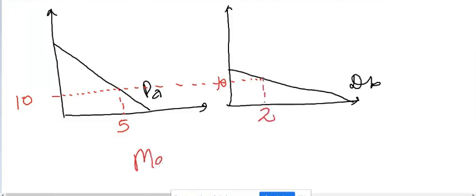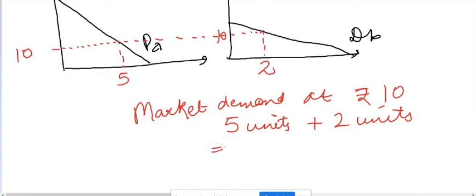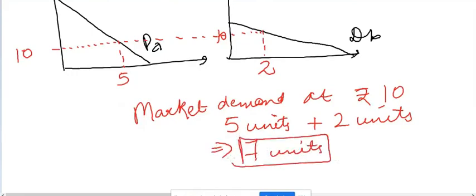So the market demand at 10 rupees was 5 units by individual A, 2 units by individual B. So we would say that 7 units was the total demand of this product. This is what we have been doing till now, right?